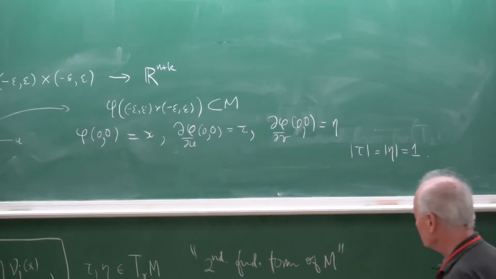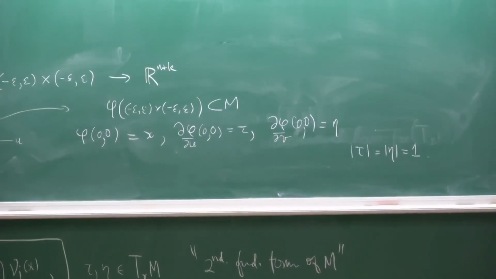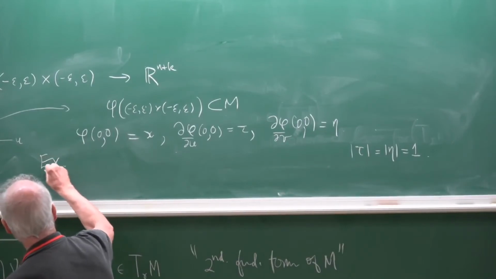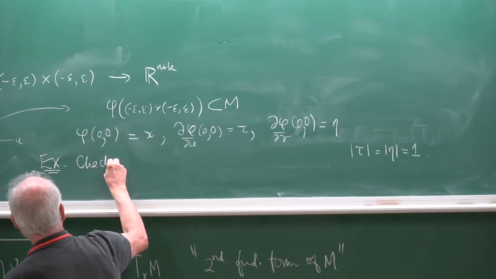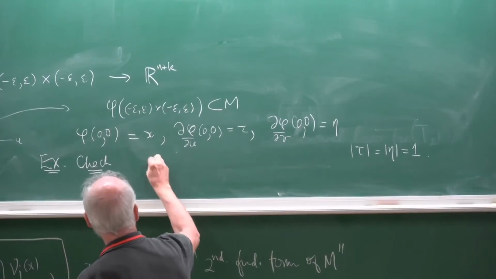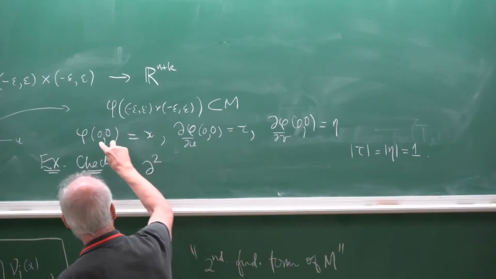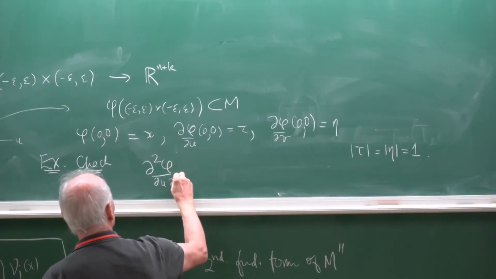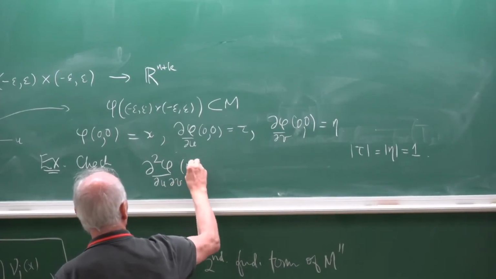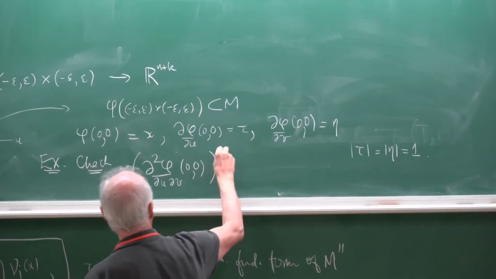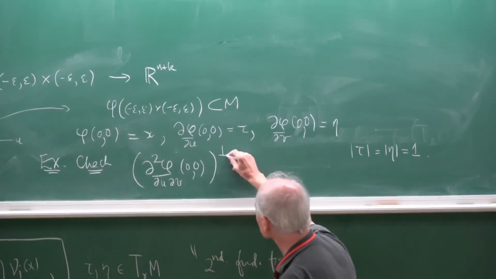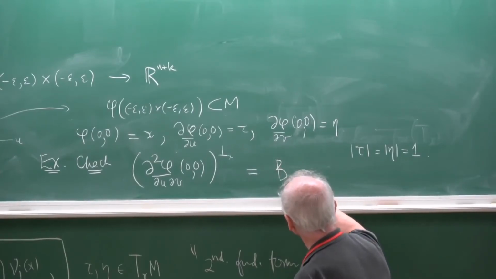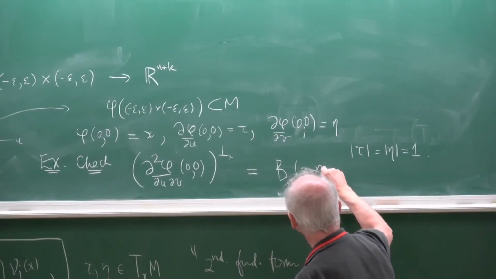Then by a similar argument to the one I gave for the curve case, you can check that when you take the mixed partial derivative of this function phi, du dv at (0,0), and take the normal part of that at the point x, that is indeed equal to the second fundamental form of tau, eta.